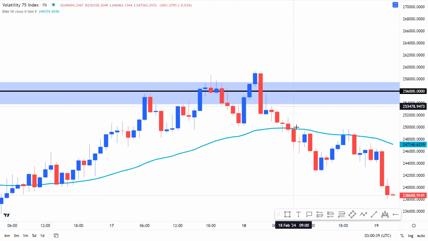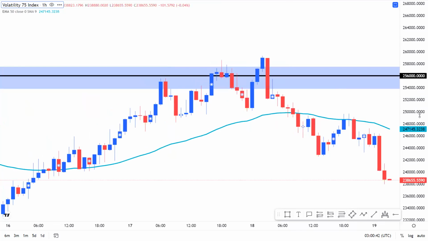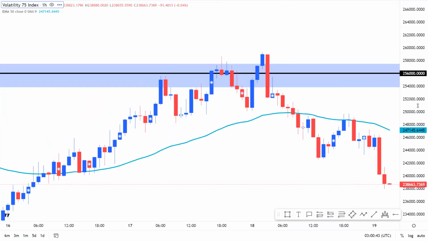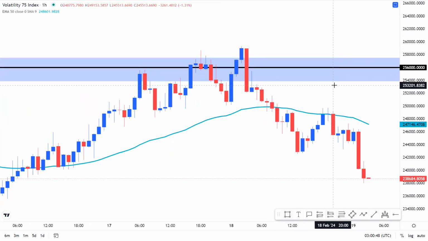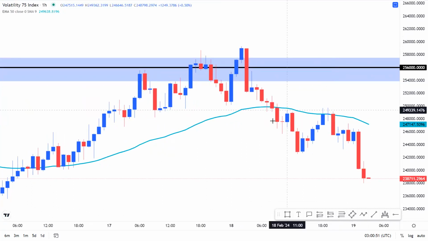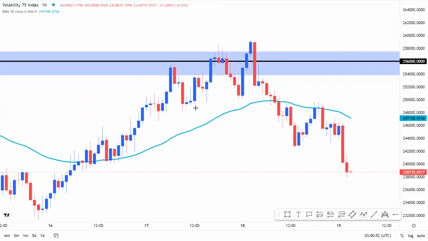Like I rightly said earlier, coming down to the lower time frame, this is where I want to look for a shift in the structure from bullish to bearish.